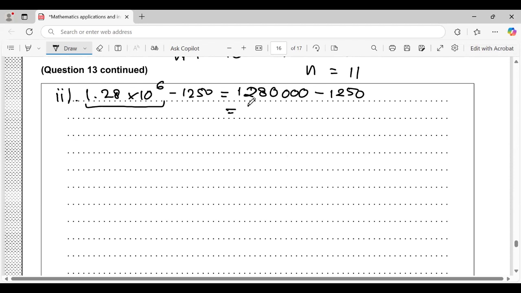If you calculate the result, it's 1,278,750. So this is the result, or it is 1,279,000. This is the result.